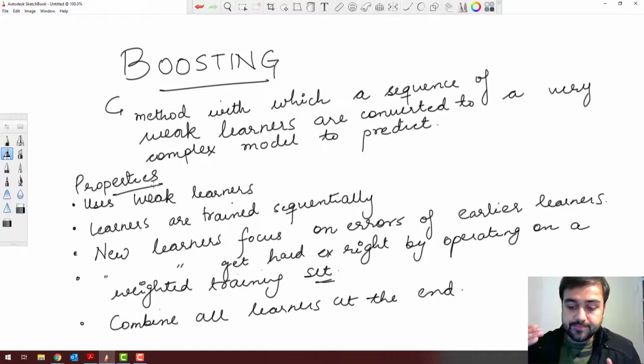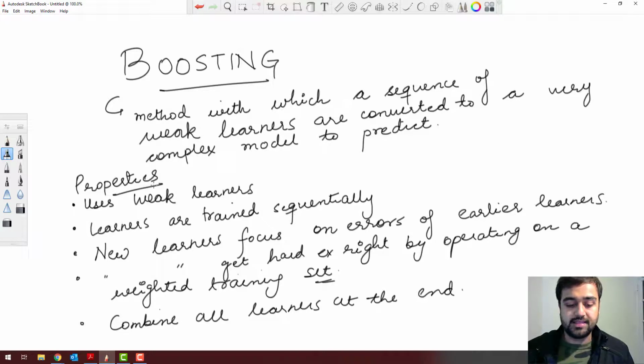What it does is, it starts training the learners one by one, right? Once you train the first learner, you will find out it's misclassifying certain examples, or certain data points, right? So the new learner basically focuses on the mistakes of the old learner.